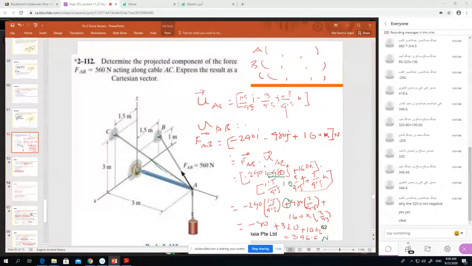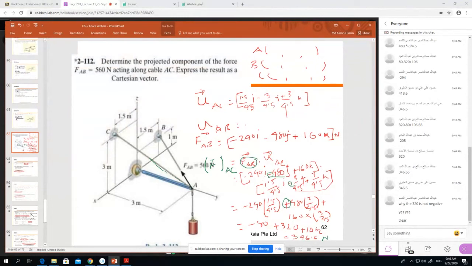Okay, look. Here, if I write down force FAC, force FAC equals FAB into UAC. We multiply by FAB.